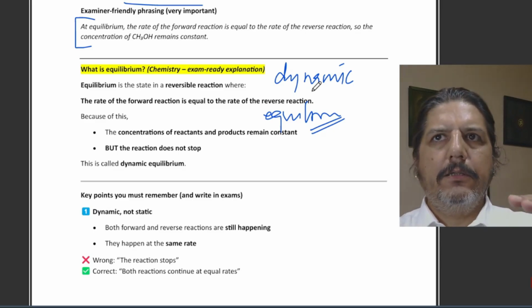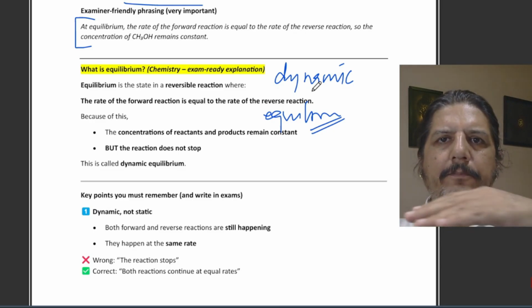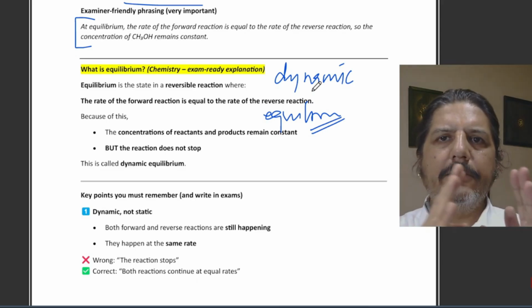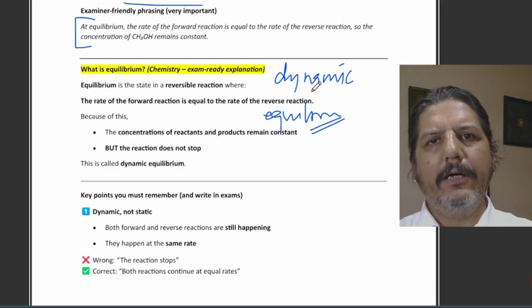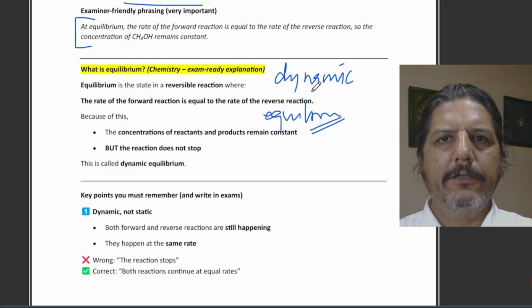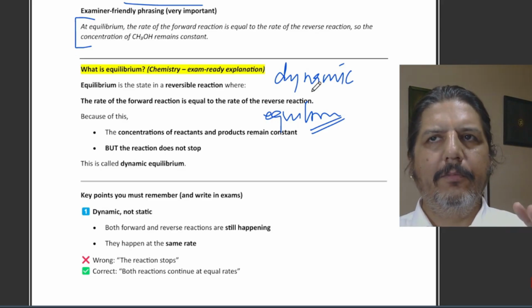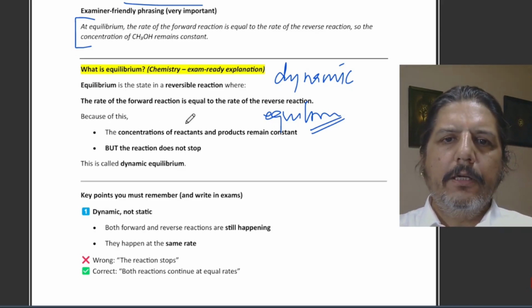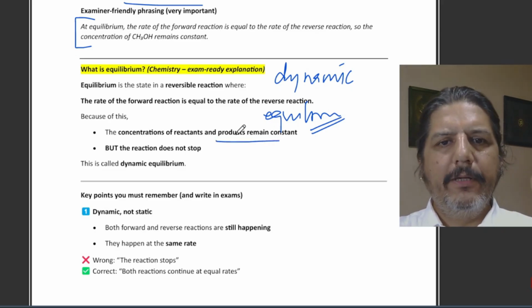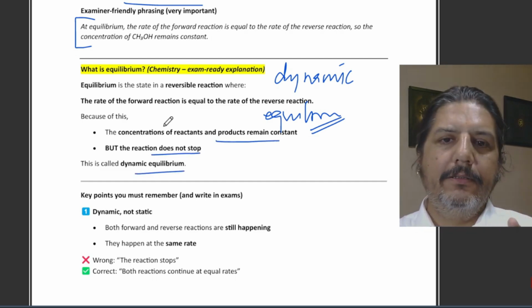It's just that the rate of the forward reaction is equal to the rate of the backward reaction, and the concentrations of all the products and the reactants are the same. Equilibrium is reached. There's a forward reaction also taking place. There's a backward reaction also taking place. It's not a static situation. It's a dynamic situation. So concentration of reactant and product remain constant, but the reaction does not stop, and that is why it is called dynamic equilibrium.